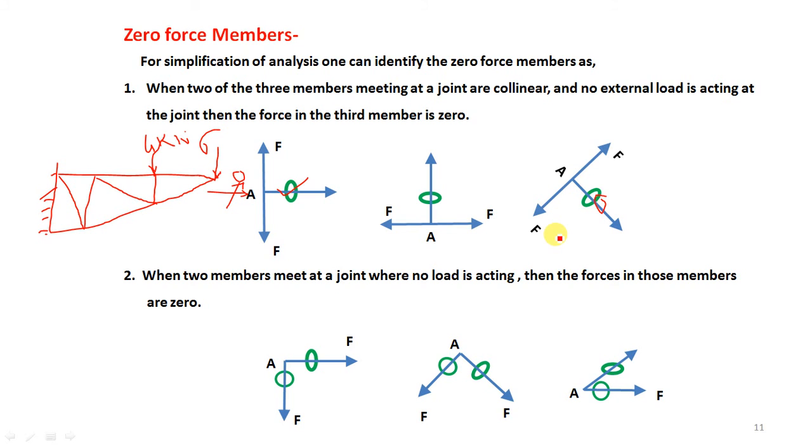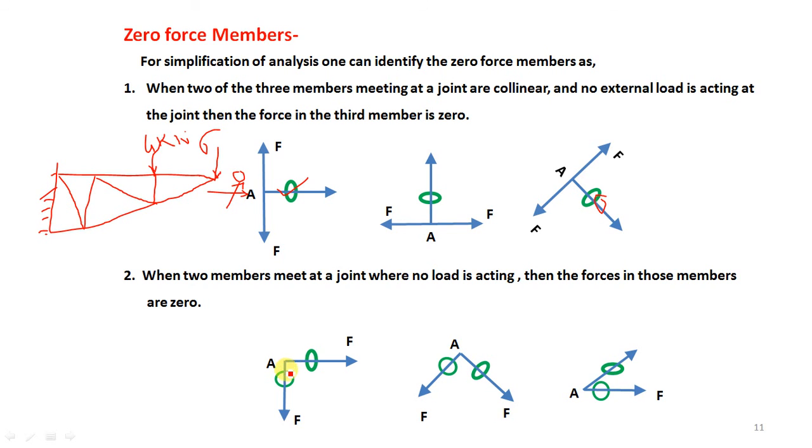So, got it? Yes or no? Again, second, when two members meet at a joint where no force is acting, then the force in each member is zero.